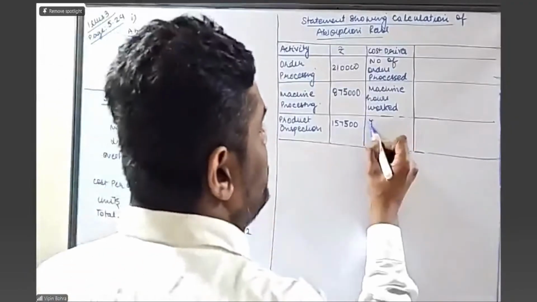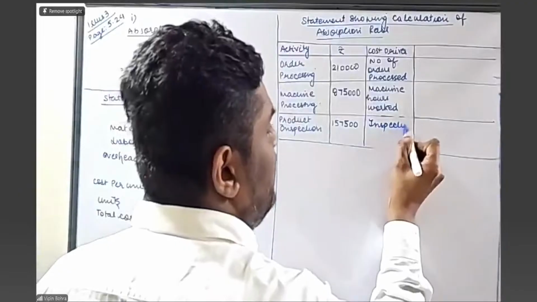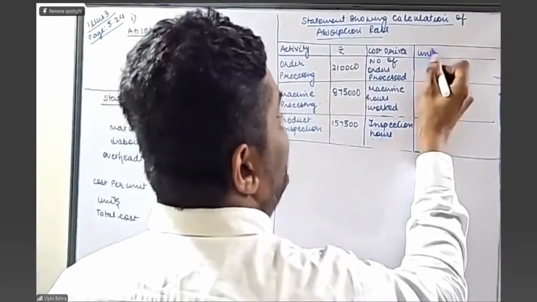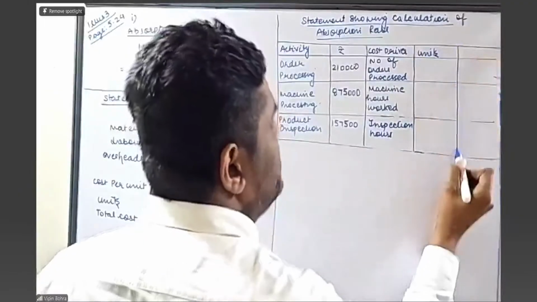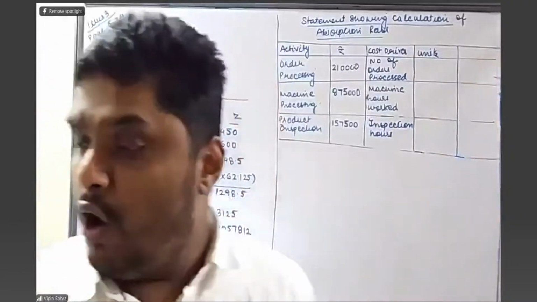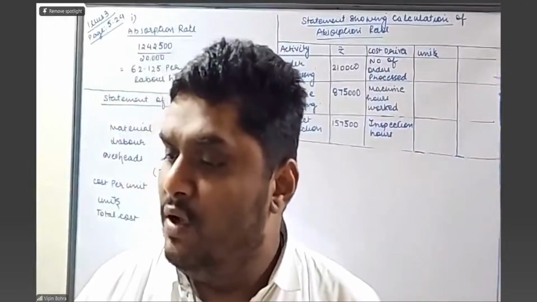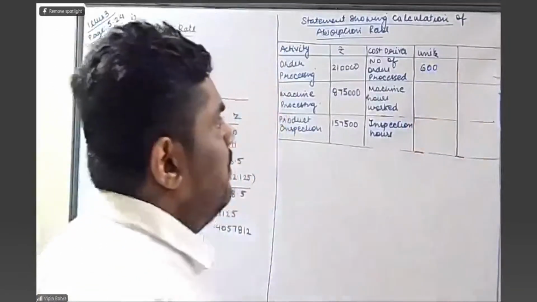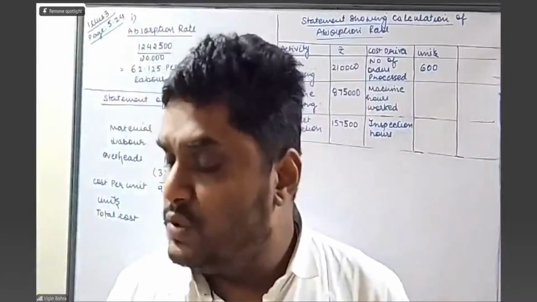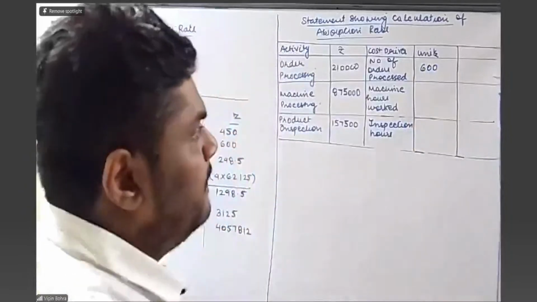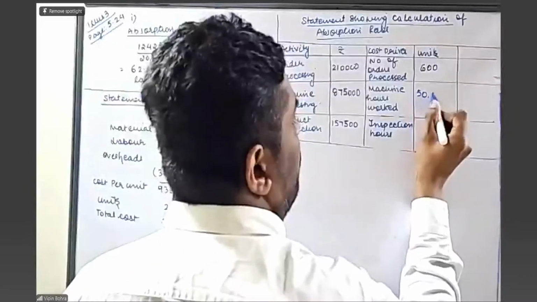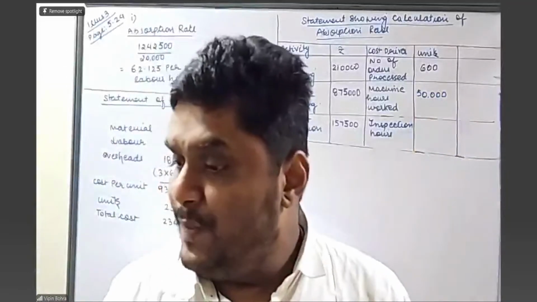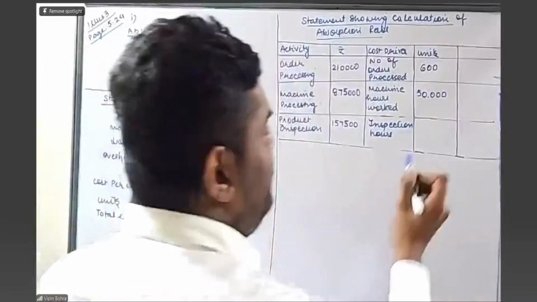So this information is also given in the question. Now let's write the units. How much is the quantity of all these? When talking about the number of orders processed for Y and Z, it is 600. When talking about the machine hours worked, it is 50,000. When talking about inspection hours, the total inspection hours are 15,000.